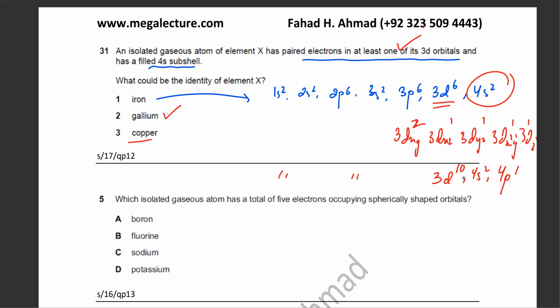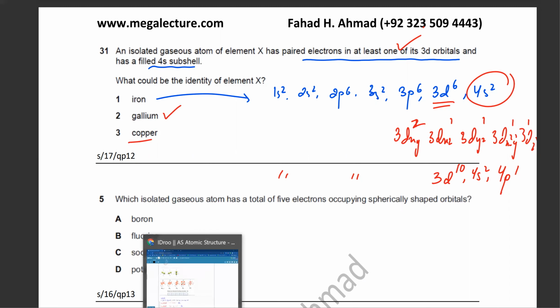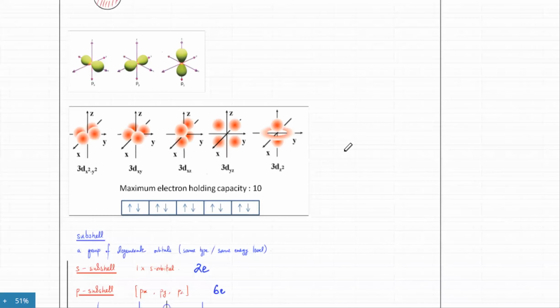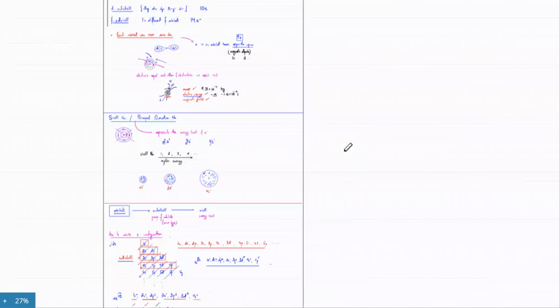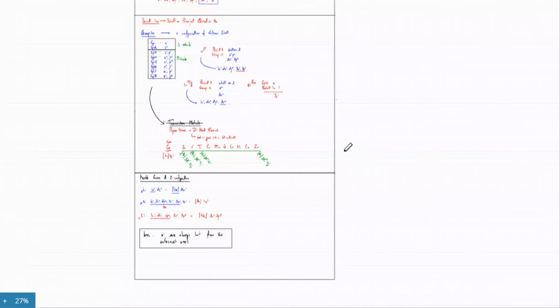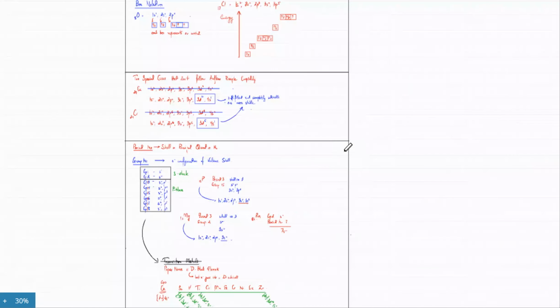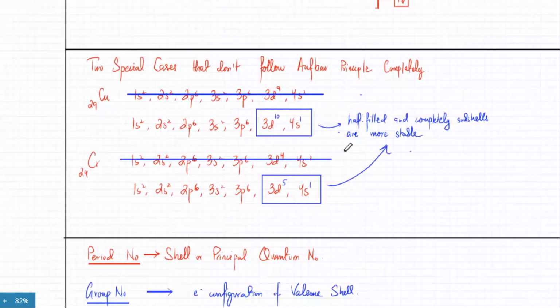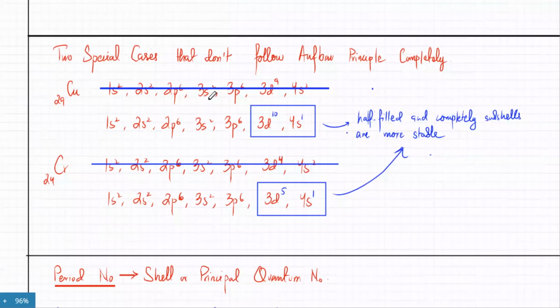Then you have copper. Now for copper, the issue is that copper is one of our special cases, which we had discussed earlier. This is copper, 29 electrons. I told you that there are 2 special cases that don't follow the Aufbau principle completely.